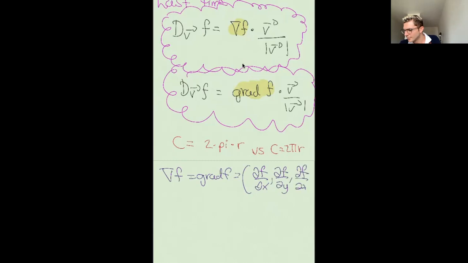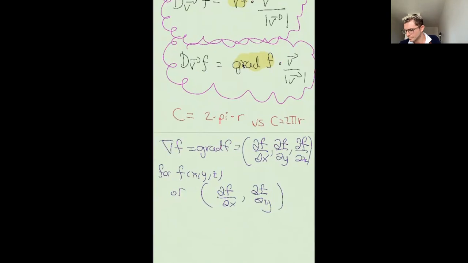If it's a function of 3 variables, it would be like this. If it's a function of 2 variables, you can just copy the first 2 entries, right? Is that making sense so far?